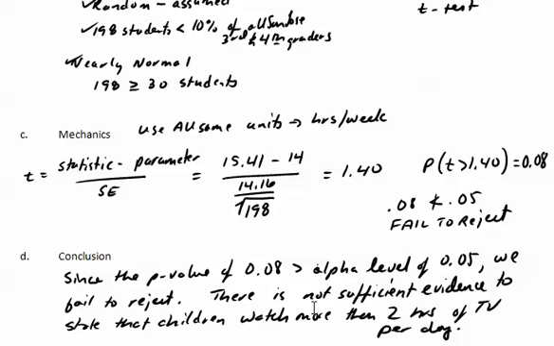Now, notice I said not sufficient. There is some evidence, right? Our statistic was that they watch 15.4 hours per week, which is more than 14 hours per week. So there is some evidence. Yes, they did on average watch more, but we don't have a sufficient level to come to that conclusion.